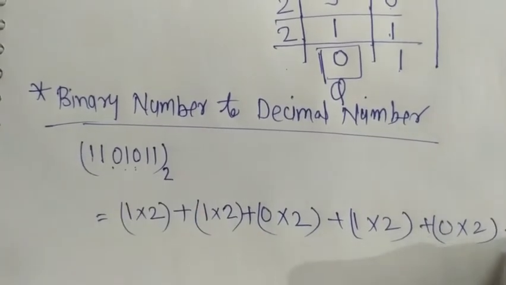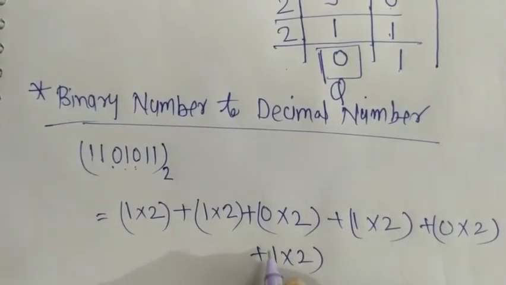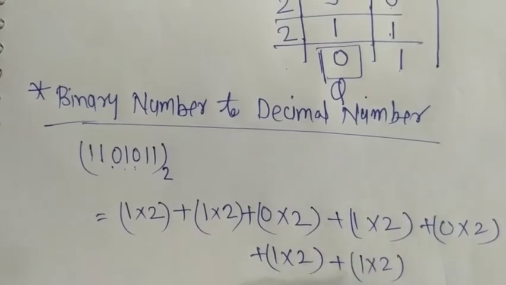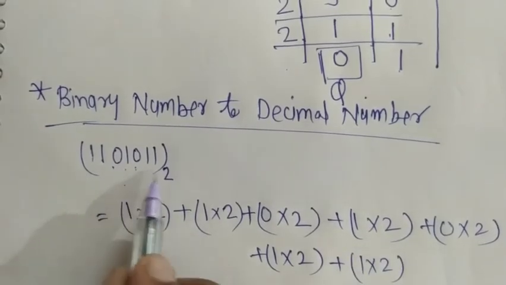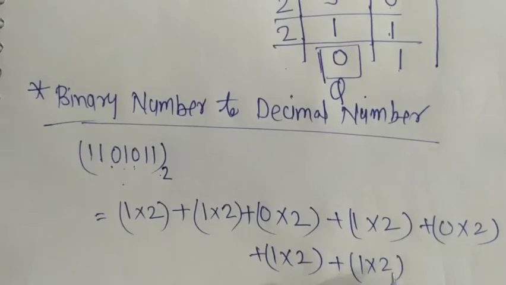After that, 1 into 2 plus 1 into 2. I have multiplied every term with 2 and added them. Now taking the powers, starting with 0 and in reverse order.